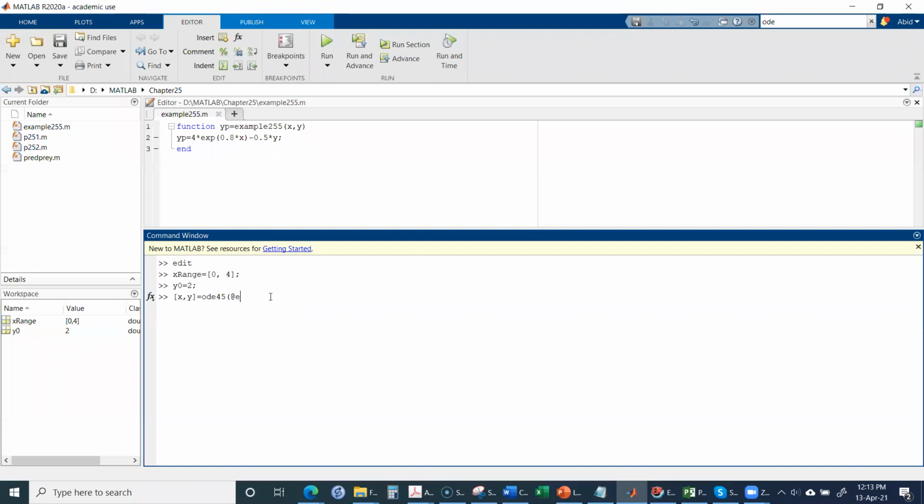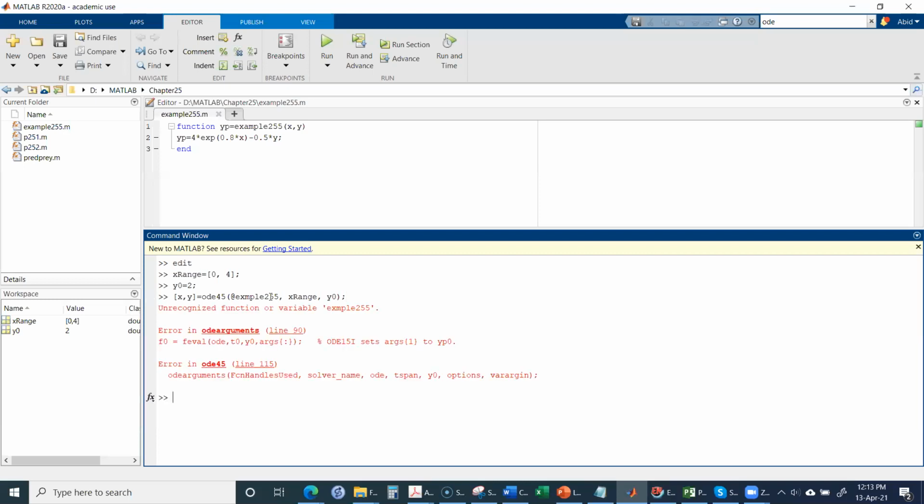The function name is example 255. Then a comma, and then you will provide the x range of values, which you already defined, and then we will provide the initial value of y, so y0, and then we will close the parenthesis.